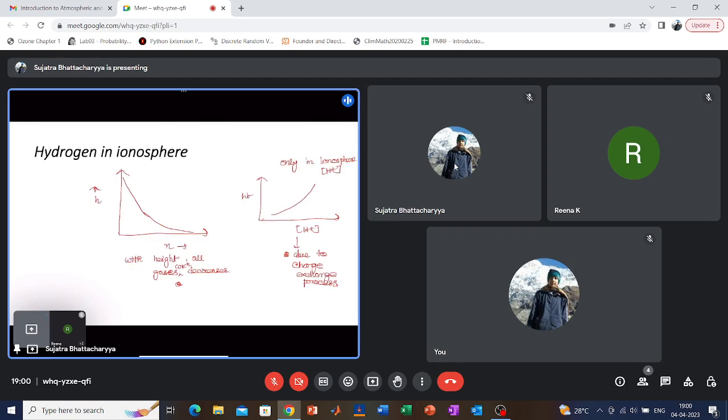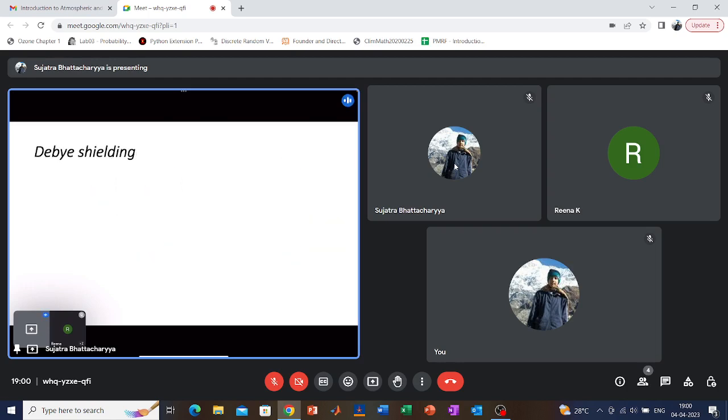Okay, so Debye shielding process is particularly in plasma, only for plasma. Now, what is a plasma?